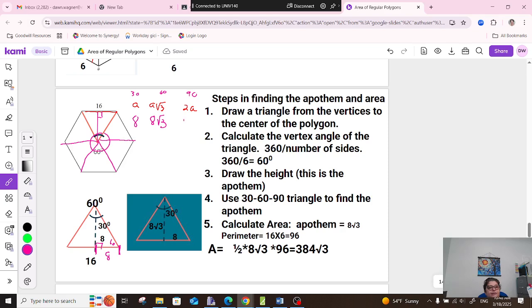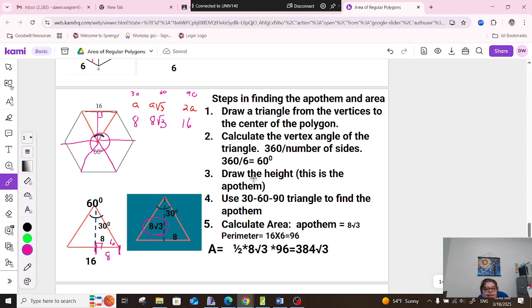Across from the 90 would be 16, which makes sense because all these outsides have to be 16, right? See how math is beautiful? It all works. It's amazing. So this apothem then is 8 square root 3.